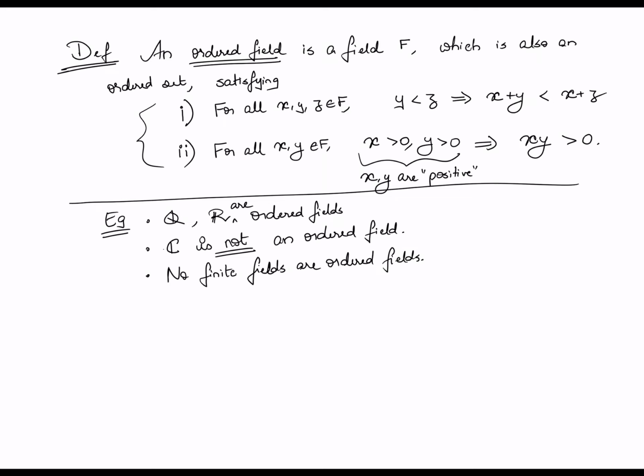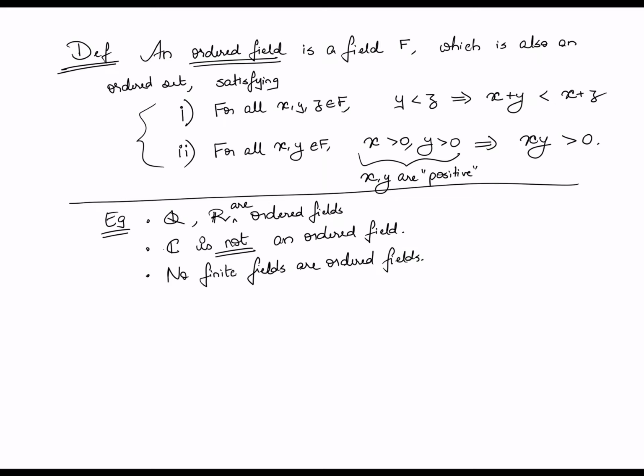The goal of this course is not really to study finite fields at all, so I'm not going to get into details here. But if you have encountered finite fields before, it might be worth your time to convince yourself that finite fields cannot possibly be ordered. Finite fields already have their addition and multiplication operations defined. All we are saying is that it is not possible to define a consistent ordering on finite fields.